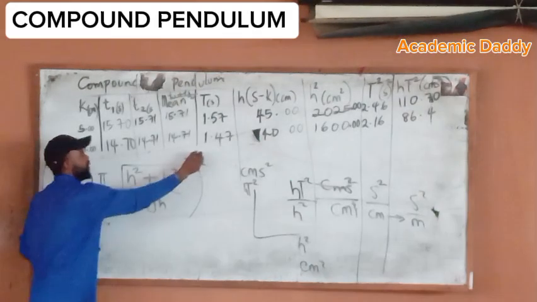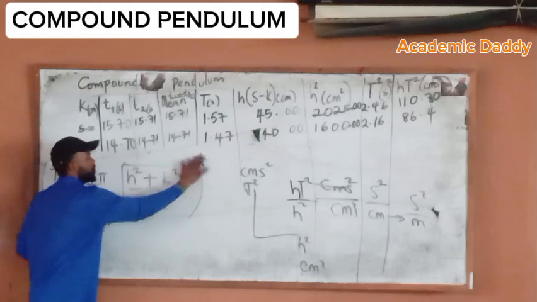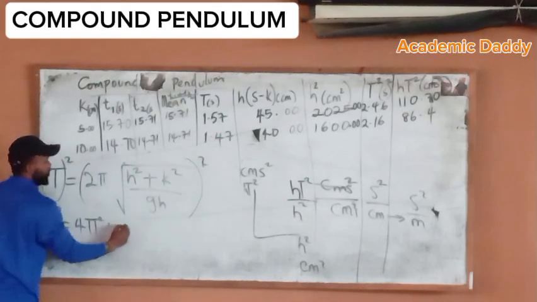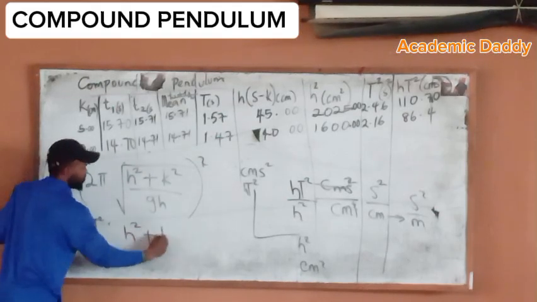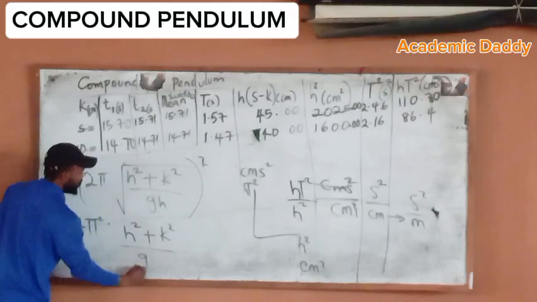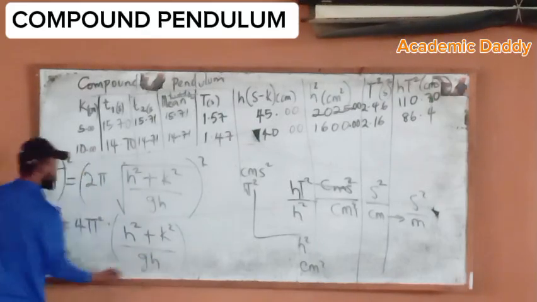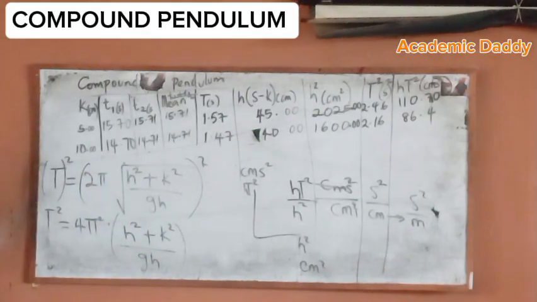Now if this squares here, it will cancel this. Is it not good? And so now I have x squared plus a squared over g. That is the first step.